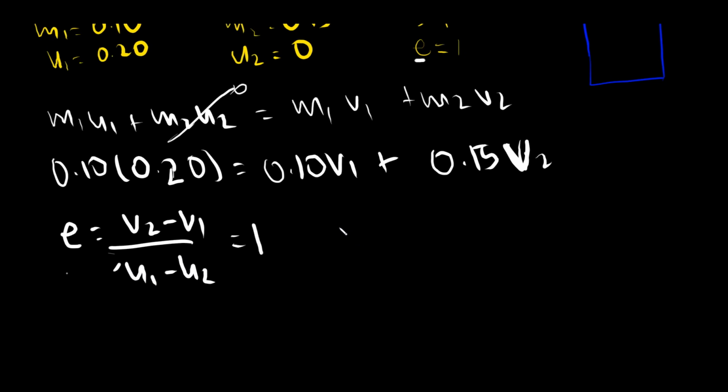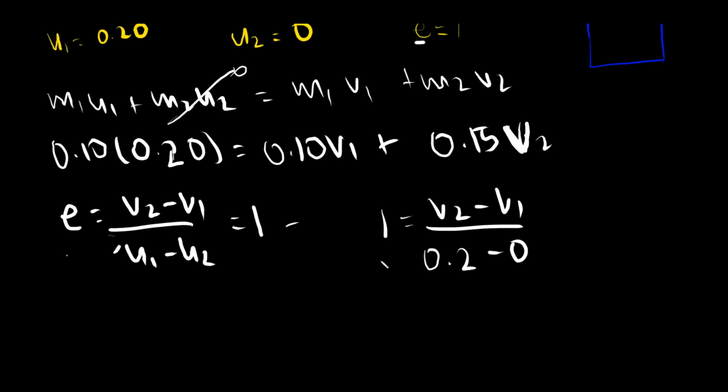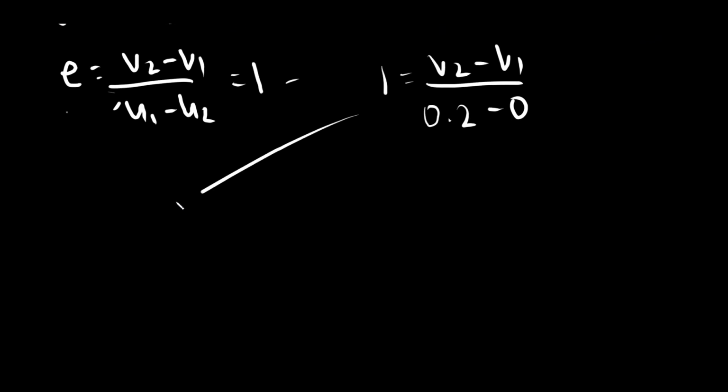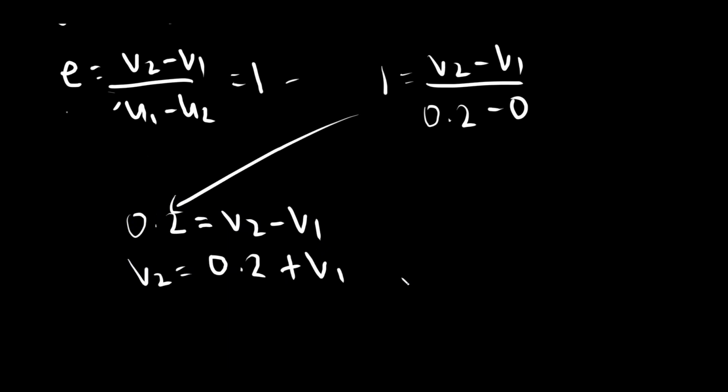So 1 is equal to V2 minus V1 all over 0.2 minus 0. So 0.2 is equal to V2 minus V1. Therefore, V2 is equal to 0.2 plus V1. That's equation number 2.